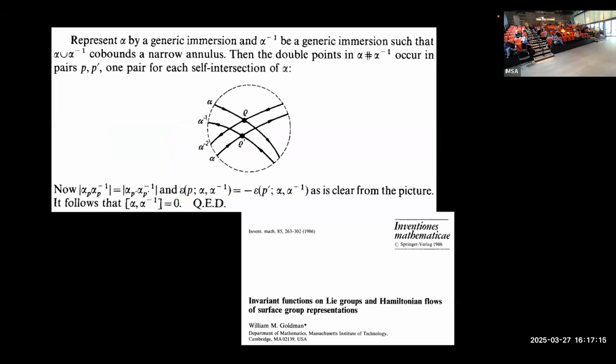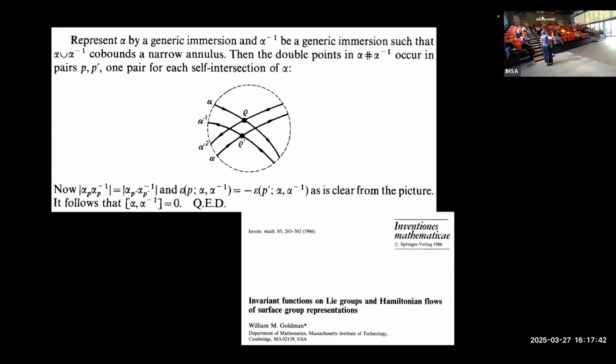And here is something that gave me a lot of things to think about. The Goldman bracket almost gave me my marriage, and a wonderful paper, and I was reading it, and then I start here. In this picture, Goldman says he's computing the bracket of a curve and the same curve with the opposite direction.